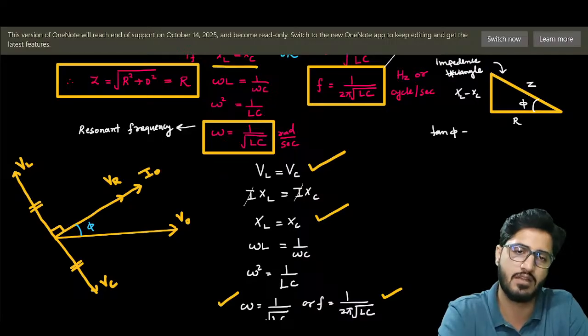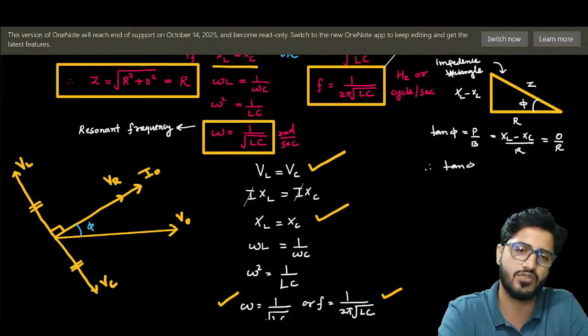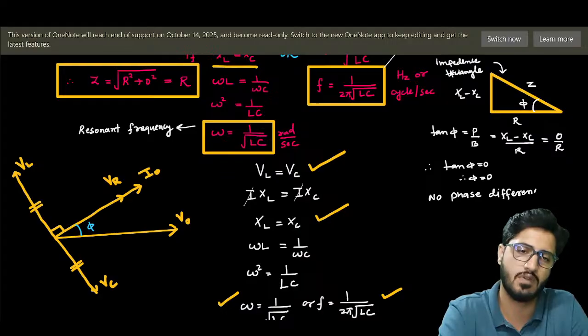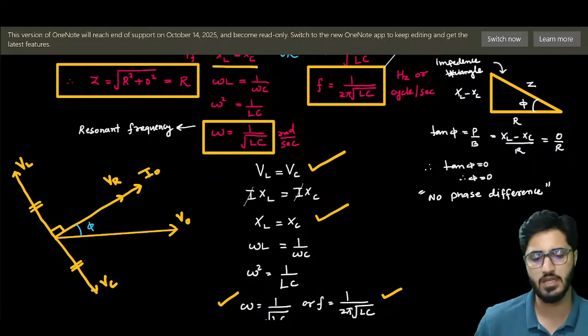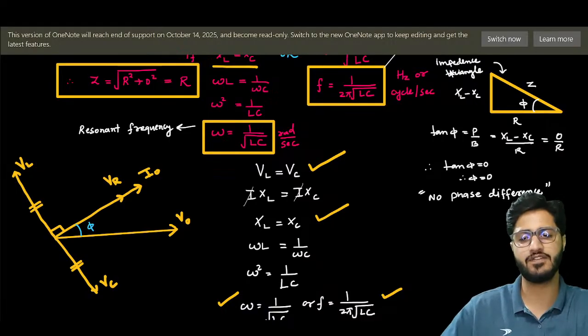It is perpendicular by base. The perpendicular is XL minus XC, divided by the base R. XL equals XC, so it is 0 by R. Therefore tan phi equals 0, so phi equals 0. So there is no phase difference in this condition.